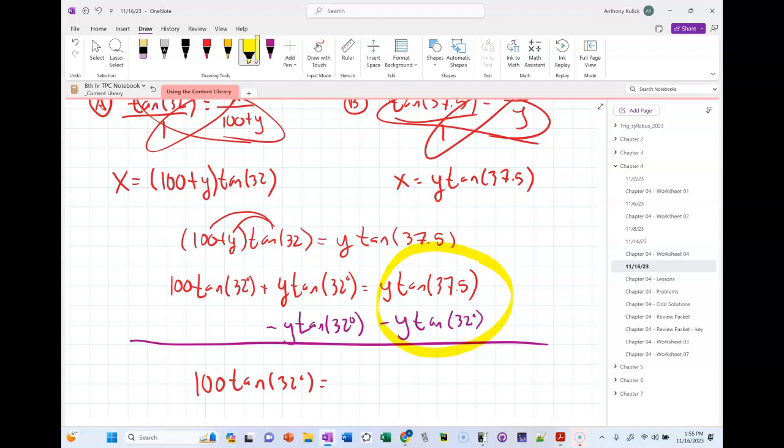How do I do the subtraction between y times tan 37.5 and y times tan 32? What do you mean by plug it in? There's a variable on it.